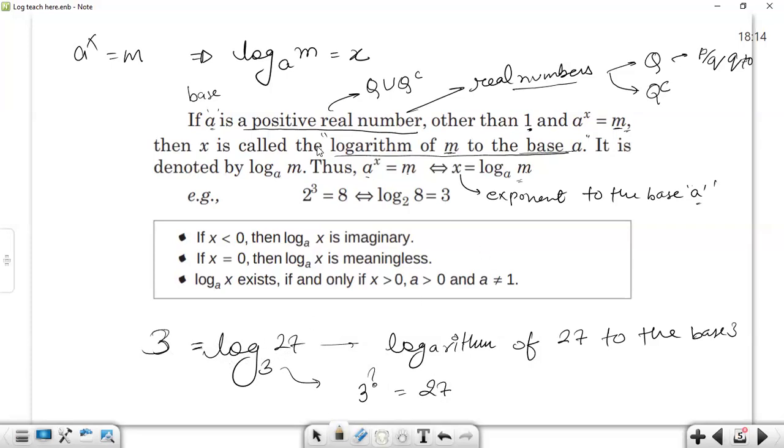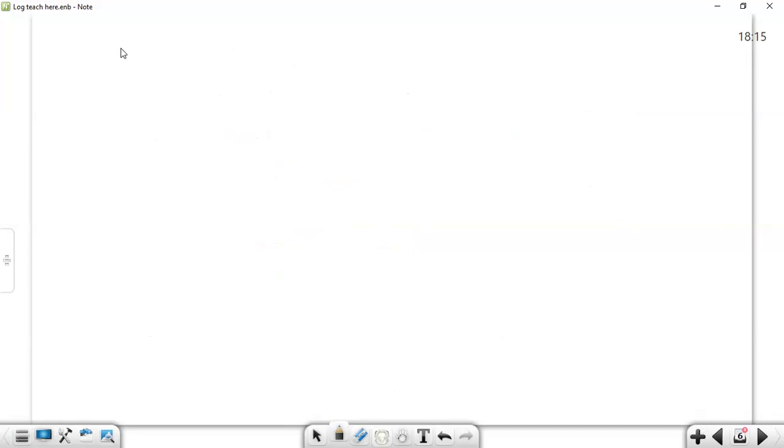Okay, so now coming back, discussing the conditions which are given in the definition: a raised to power x was m, logarithm of m to the base a is x.